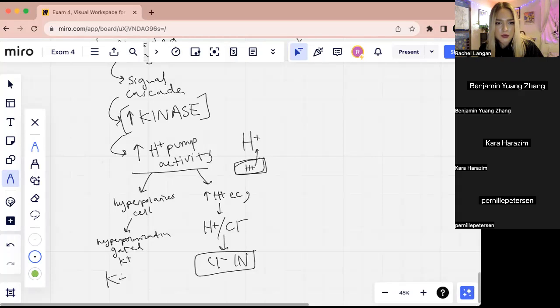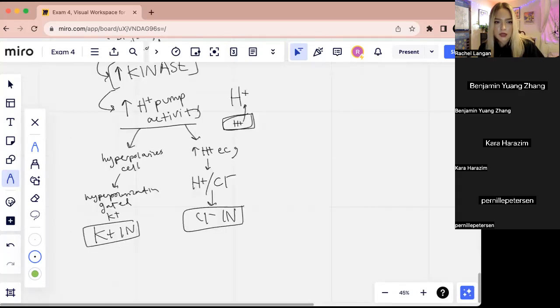So potassium will move in. Then we have an increase in solute concentration, which is a decrease in solute potential, which is a decrease in water potential inside the guard cell.